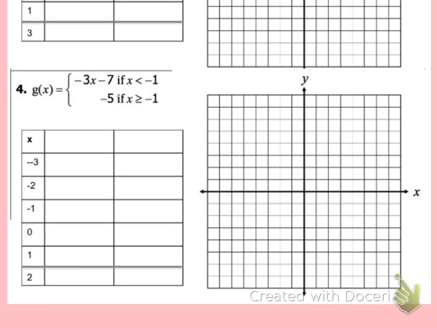Now this piecewise function changes behavior at -1. So at -1, I'm going to put this vertical line down. That just kind of gives me this imaginary breakpoint in the graph. And I know that on the left-hand side over here, it's going to behave like that piece of the graph, -3x minus 7. And to the right of that line, it's going to behave like this, which is g of x is equal to -5. And that just means that that piece of the graph is going to be a horizontal segment, because there is no variable.